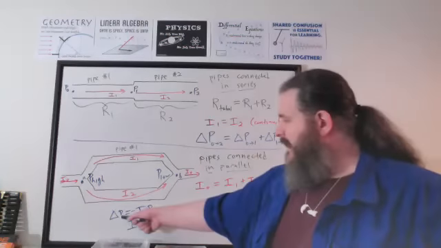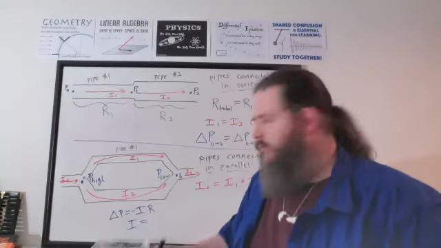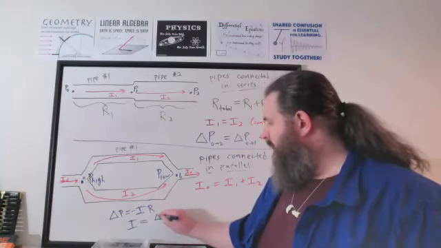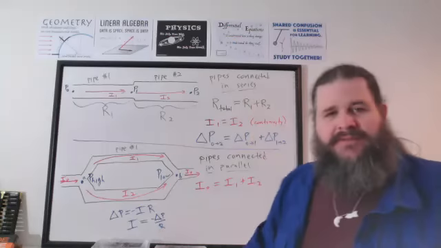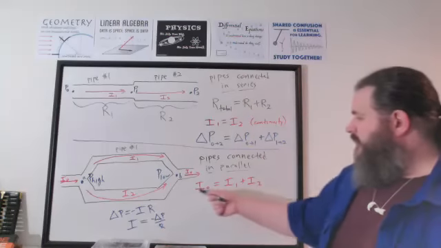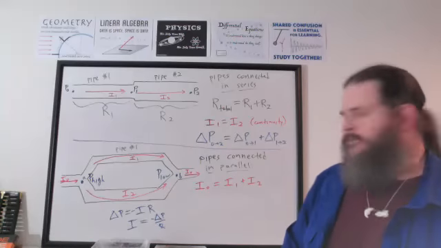How would you isolate I in this equation? Yeah, we divide both sides by R, so delta P over R. And there's a negative there, but it's going to be in all of them. So each one of these currents can be written as the appropriate negative delta pressure over resistance.